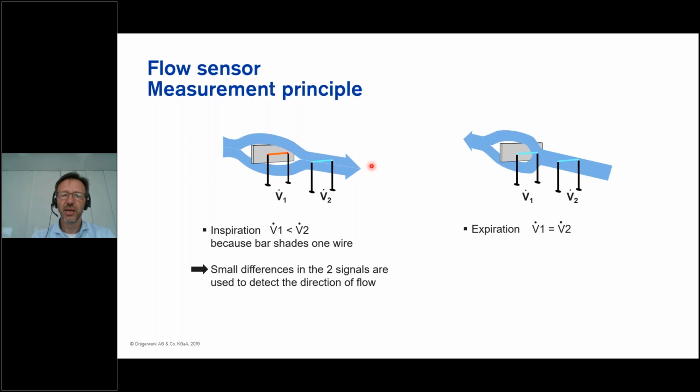This is the inspiratory flow. During expiration, the second wire is not protected by the bar from cooling down, so in this situation both wires are cooled down in the same way. Therefore, this information can be used by the ventilator to differentiate between inspiratory and expiratory flow.